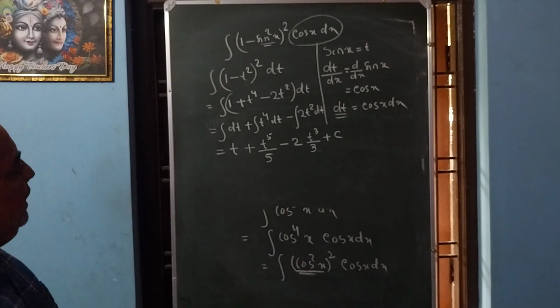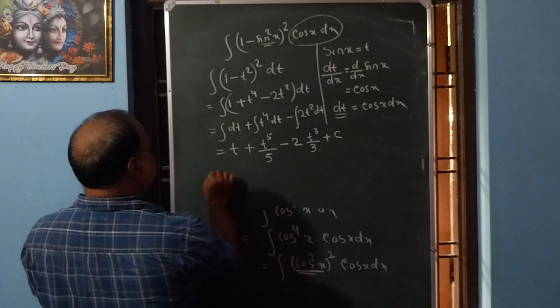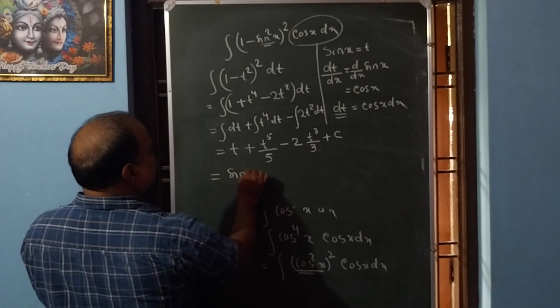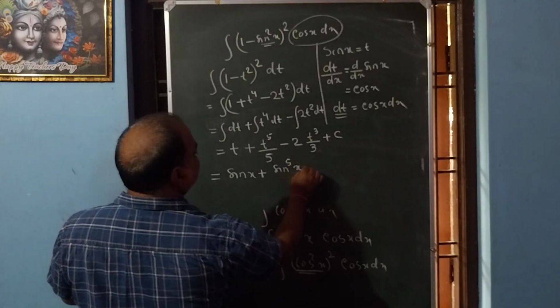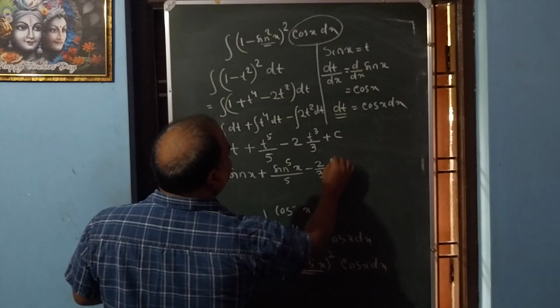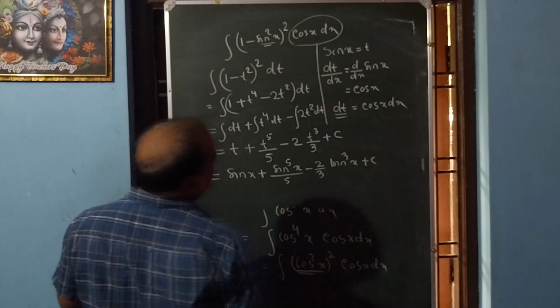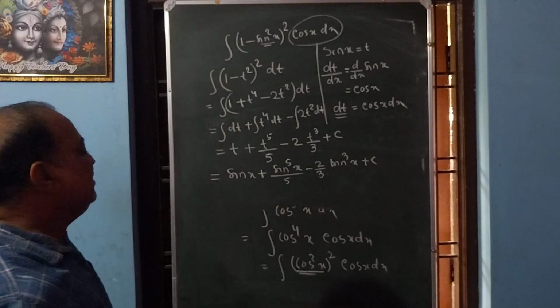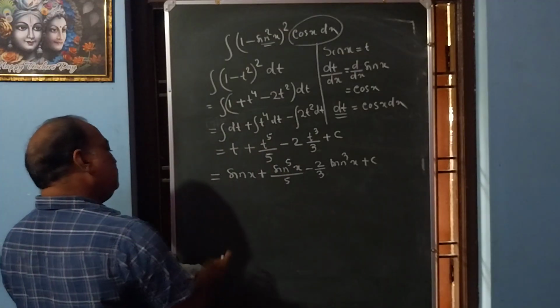Now in place of t we have to put sin x. So we get sin x plus sin^5 x by 5 minus 2 by 3 sin^3 x plus c. Okay, so this is the answer. Write down one homework.